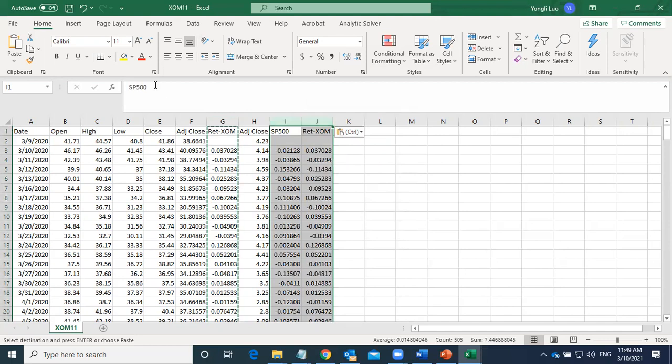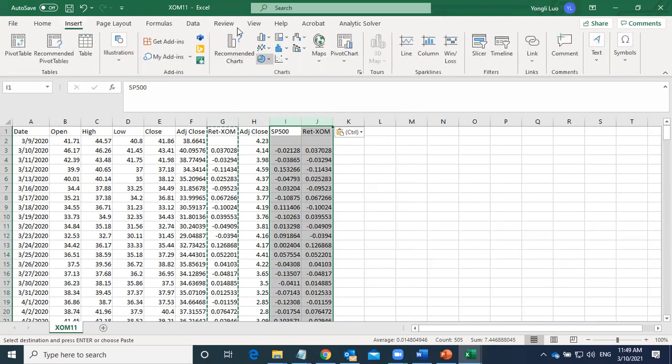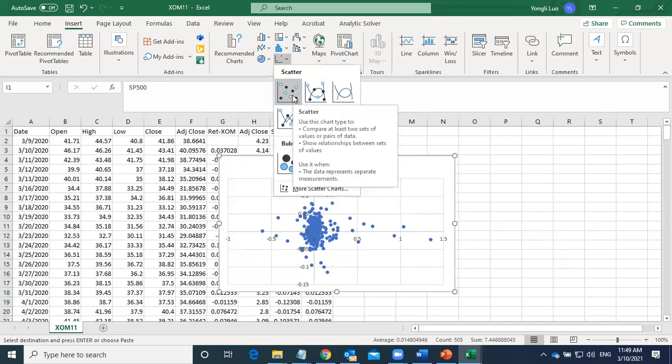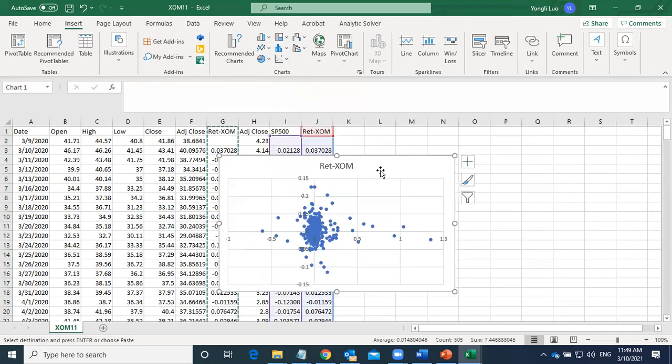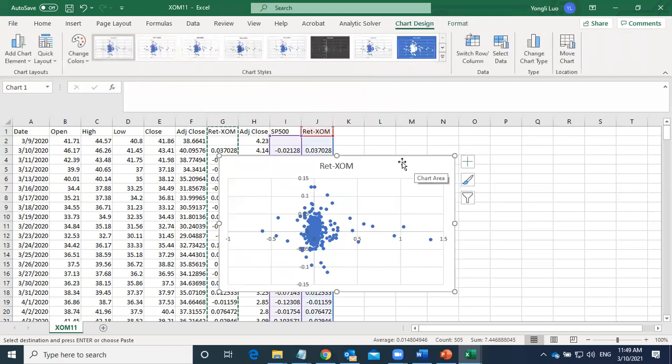You select the columns, and then you insert a scatter plot. So you will see it looks like that, right? That's your scatter plot.